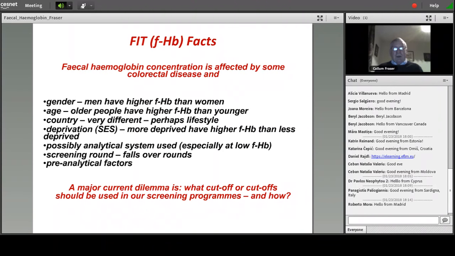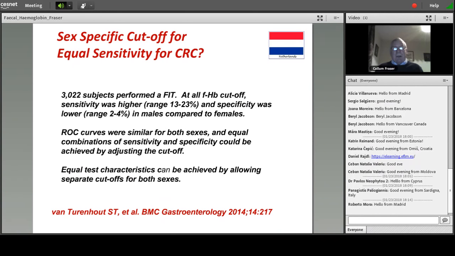So because all these factors affect hemoglobin in the feces, what cutoff should we use in the screening programme? Well, we know that men and women are different, so do you think we should have the same cutoff points for men and women? And this study showed sensitivity was always higher and specificity always lower in males compared to females at the same cutoff.